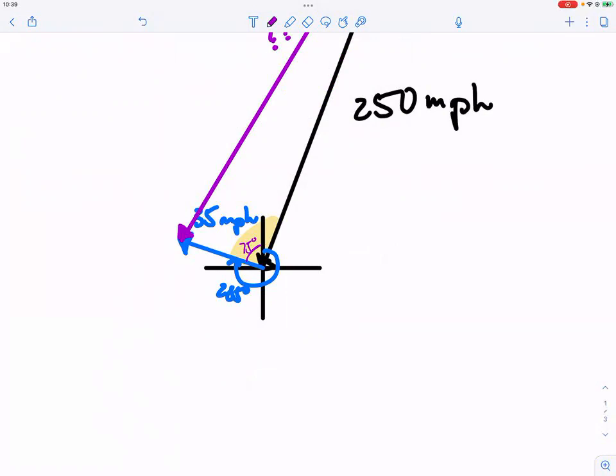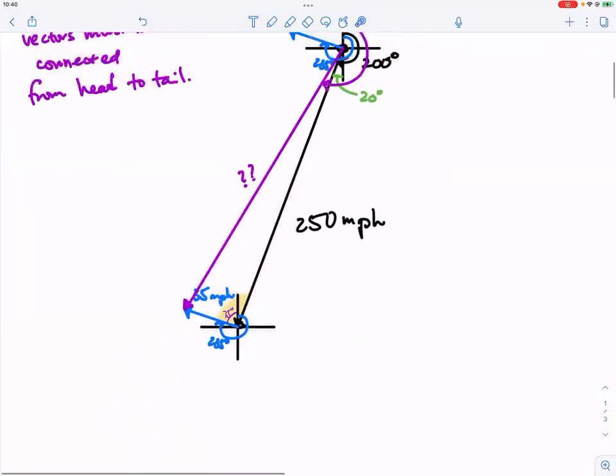So this part right here between the blue line and the north is 75 because 360 minus 285 is 75. But what about this tiny little slice of the angle? What about here? 20. This is 20 because of the alternate interior angle.